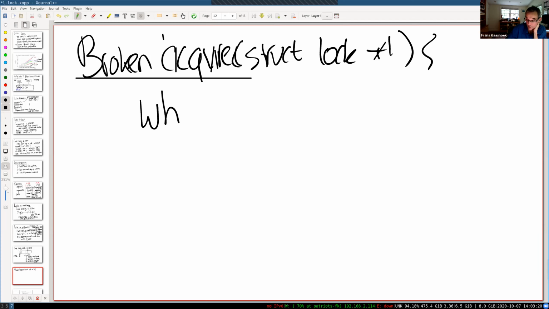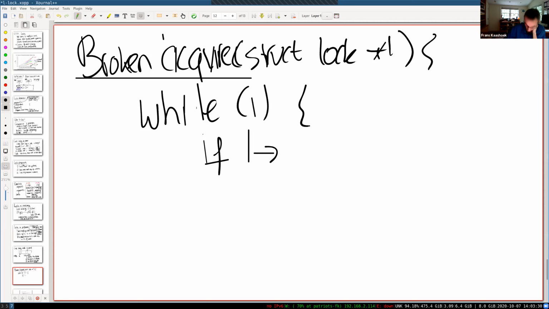It has an infinite loop, while one, if L locked is 0, meaning nobody's holding it, then presumably the caller should grab the lock. So then we set L lock to 1.